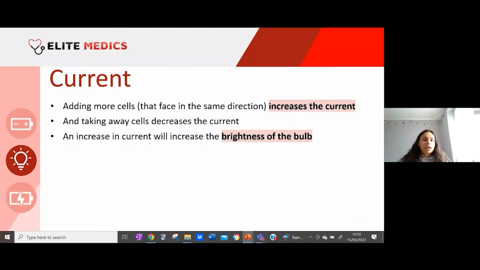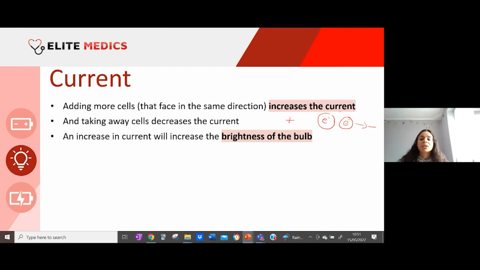So if we add more cells, we increase the current. And if you think about that, current is the flow of electrons. So if we say that these are our little electrons and they're traveling from positive to negative, so they're flowing in this direction. If we put more cells in that circuit, we have more energy. More energy forces these electrons along faster.